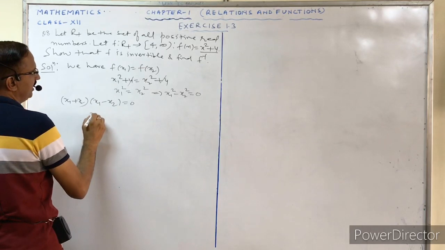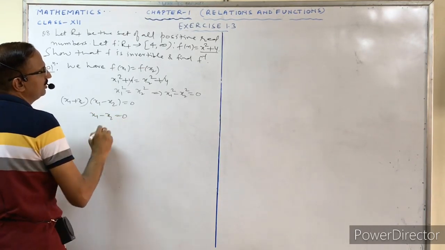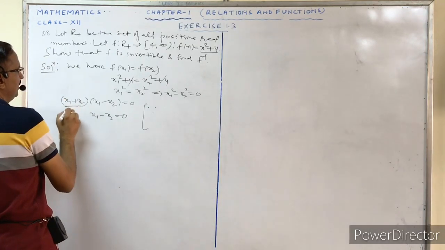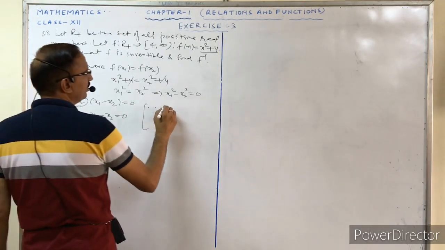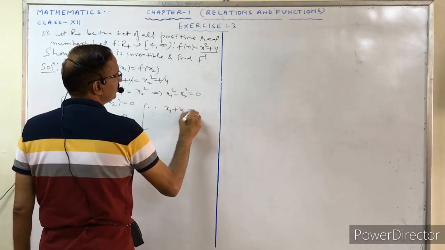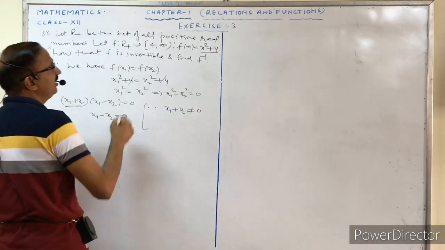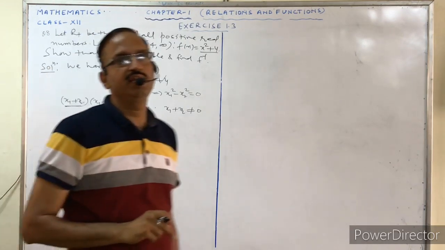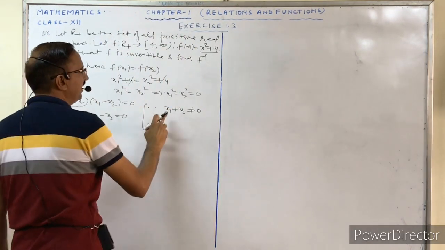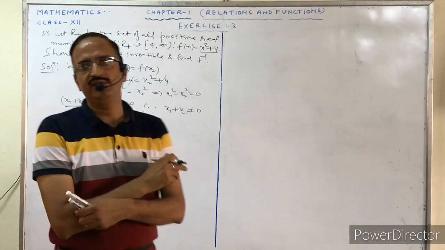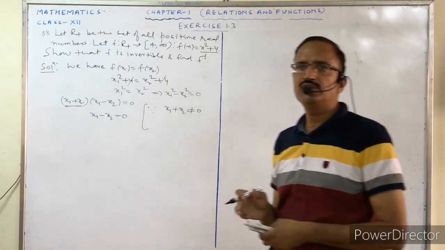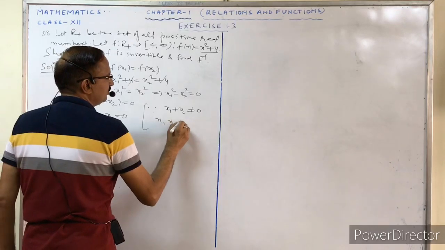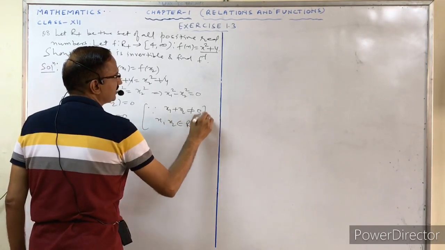Or we can say that x1 minus x2 equals 0. Why? Because x1 plus x2 is not equal to 0. Why? Because this is defined in positive real numbers. So when we add any two positive real numbers, their sum is not equal to 0, because x1, x2 belong to R plus.